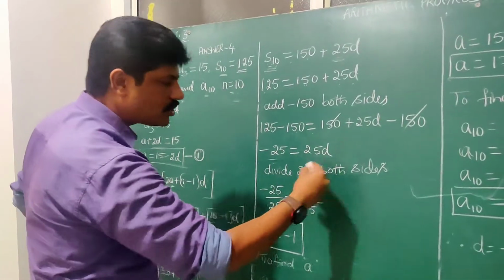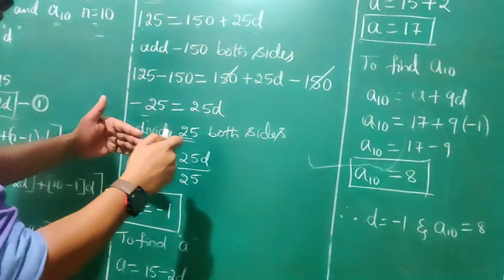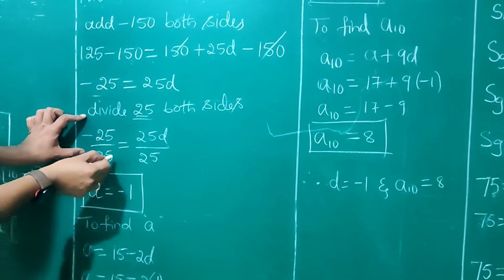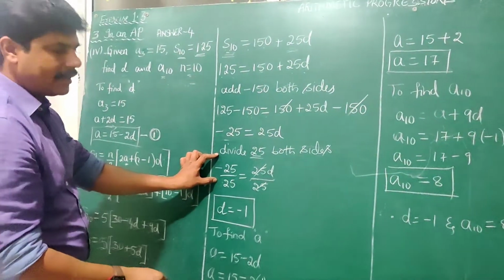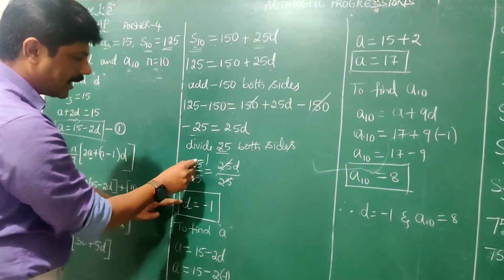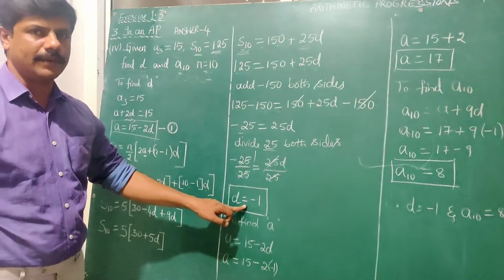Now divide both sides by 25 because it is 25D. So minus 25 by 25 is equal to 25D by 25. 25 gets cancelled, leaving D. Minus 25 by 25 is minus 1. The D value we got: D is equal to minus 1.